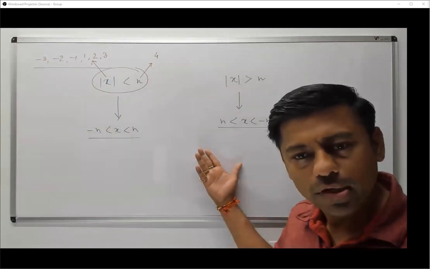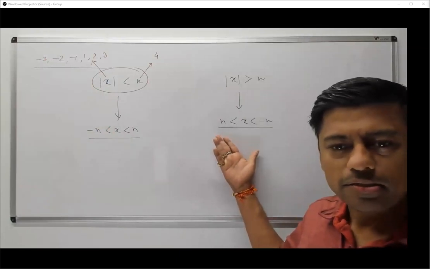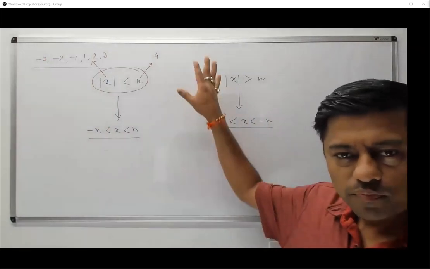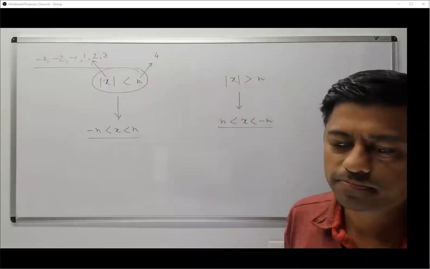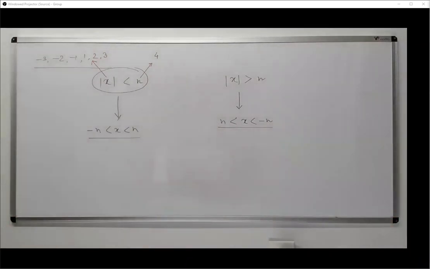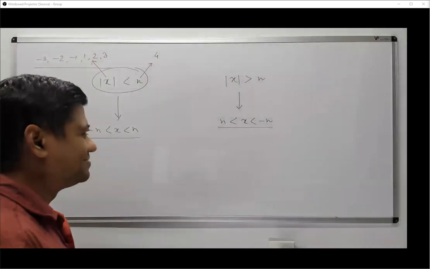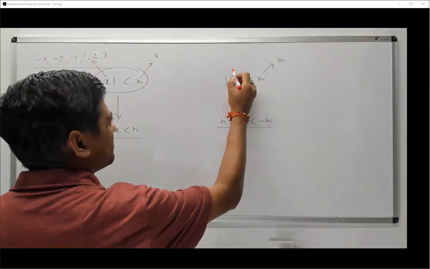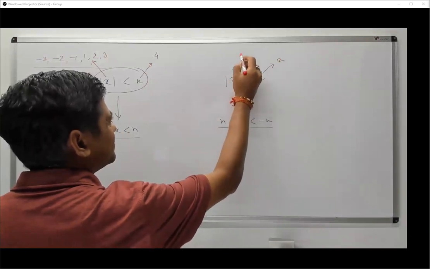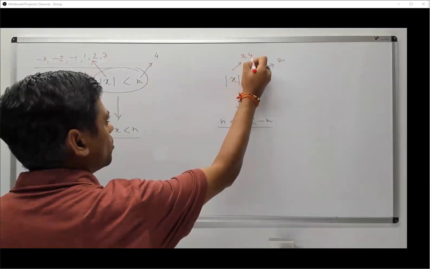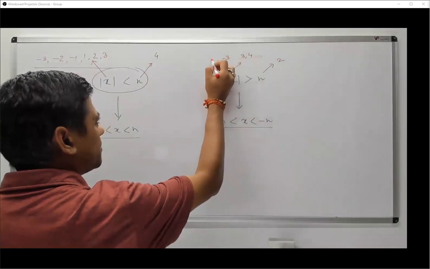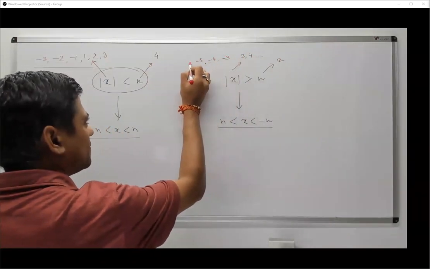Now, look at the right hand side. Think of any value for n and equivalent x values, then plot your values and see if this works or not. For example, n is equal to 2, x is maybe 3, 4, continuous, and then minus 3, minus 4, minus 5, continuous.